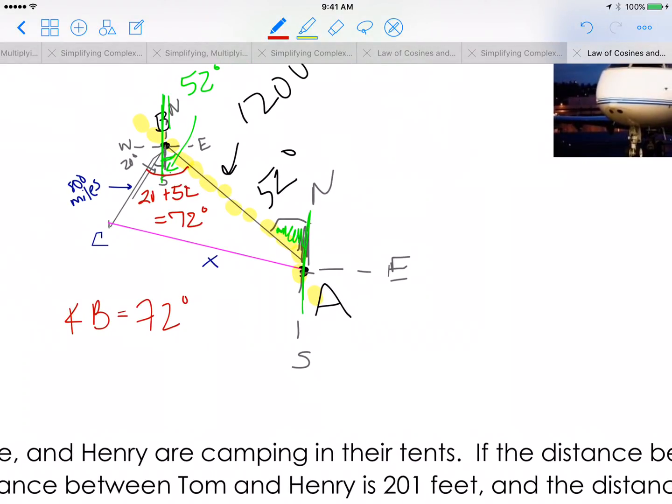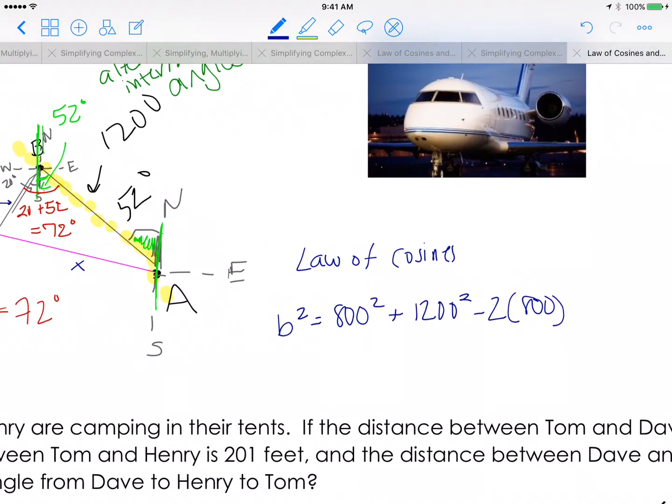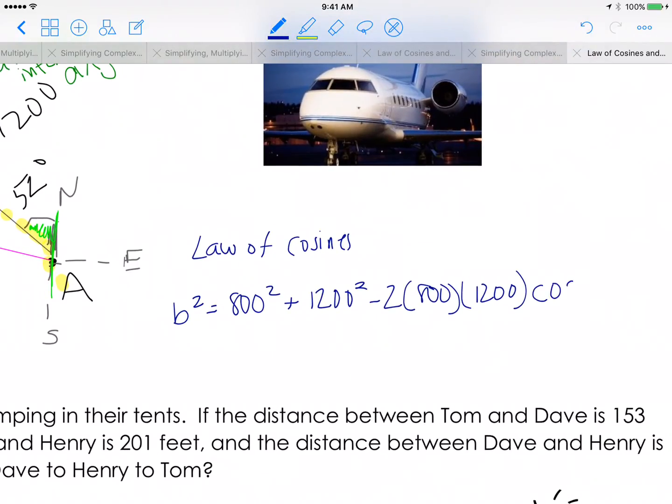Now once we have that, we can use law of cosines to determine everything else. We're looking for side B, so side B squared is equal to 800 squared plus 1,200 squared minus 2 times 800 times 1,200, and then remember it's times the cosine of the angle across from side B, which would be 72 degrees.